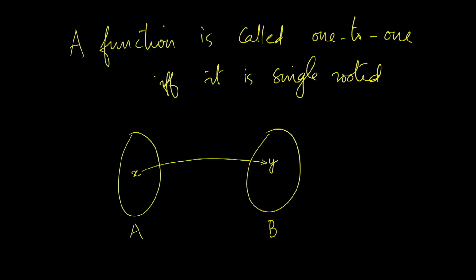That is because it is a function. Now, since it is single rooted, y has a unique pre-image x. So, each x in the domain has a unique image y in B, and each y belonging to the range of the function has a unique pre-image x in A. That is when the function is called one-to-one. So, a one-to-one function is a single rooted set.